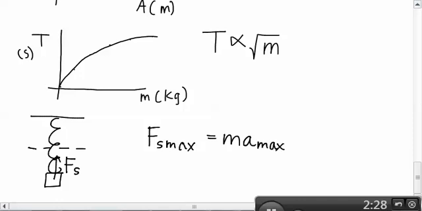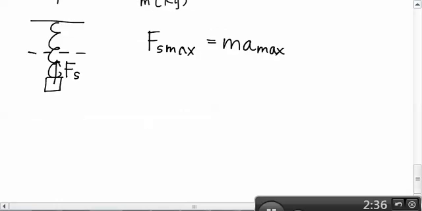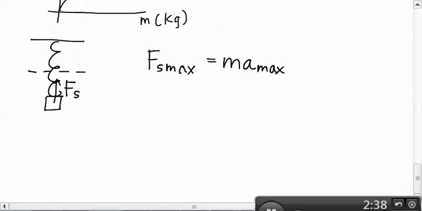Does anybody remember the spring force equation? 1/2 kx squared is the energy stored in the spring. Remember, it looks like the other energy equations, like 1/2 mv squared. So the force, though, was kx. So that would be kx max equals m a max.